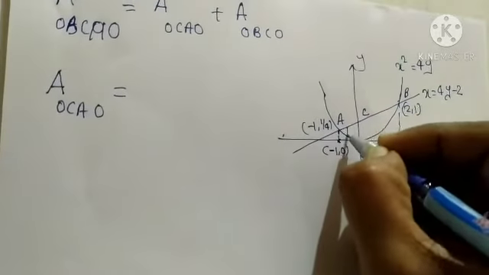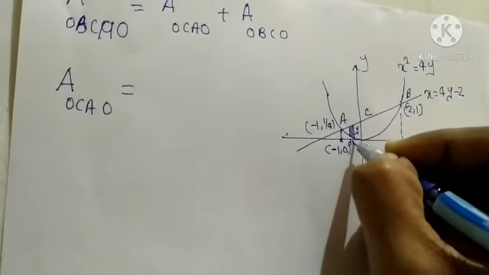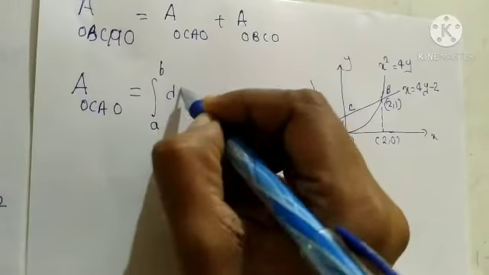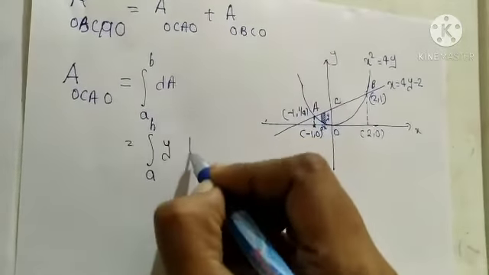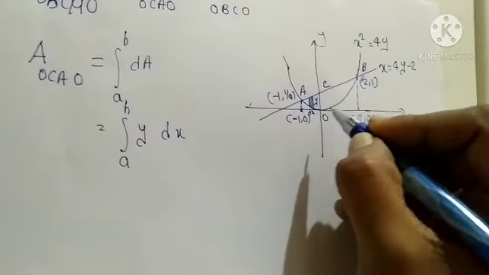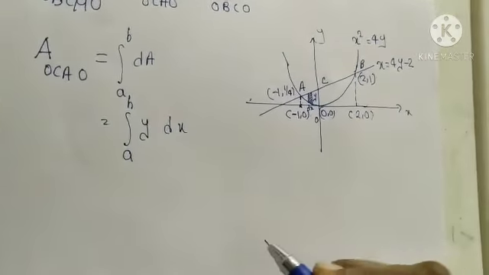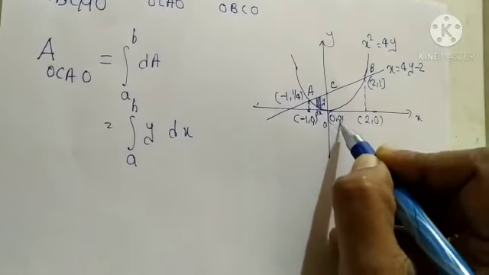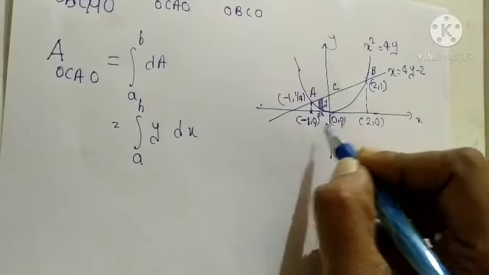So I am going to use a vertical strip here with the height y and length dx. So I am going to write integral a to b dA is equal to integral a to b y dx, and next I am going to find out the limits first. So here this point is 0 0, right? Origin is 0 0. So if we look at these 2 points here, the y value is the same, but the x-axis value varies from minus 1 to 0, right?